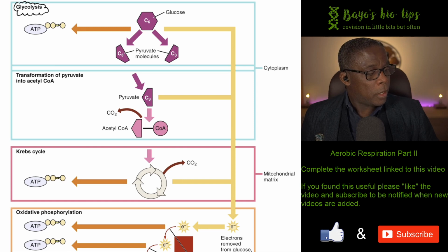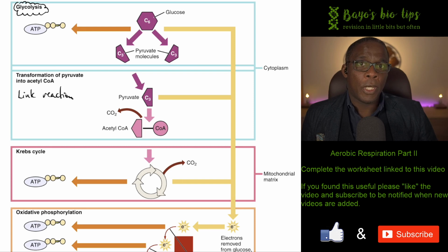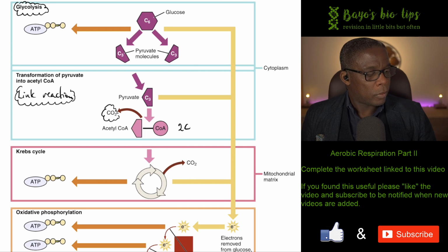And then in the link reaction, which is here, you end up with the pyruvate generated from glycolysis being converted into 2 molecules of acetyl coenzyme A, which has 2 carbons. So 3 carbons there and then 2 carbons here with a loss of carbon dioxide. Okay, so the link reaction is there.